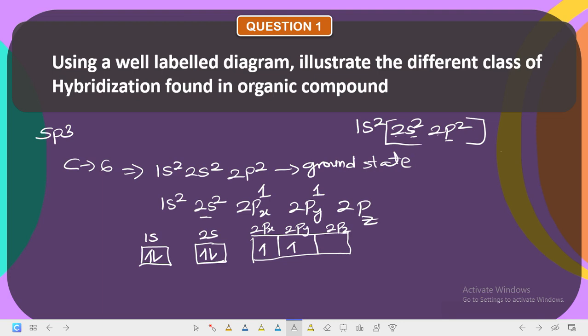So when they ask you about the valence shell of carbon, you say it has 2s and 2p electrons, which is 2 and 2. Is that understood? So in any case, if they give you the electronic configuration of any compound, this coefficient here, the highest, is always the valence shell. If there are two of them, you add the two electrons together to get the number of valence electrons.